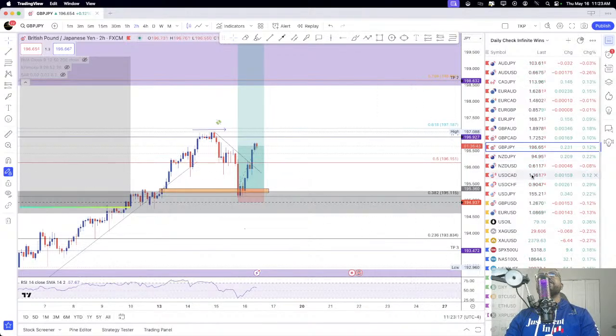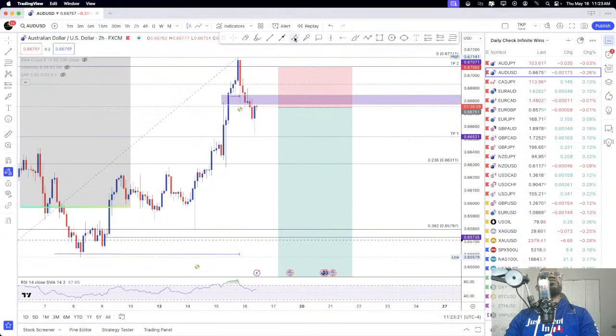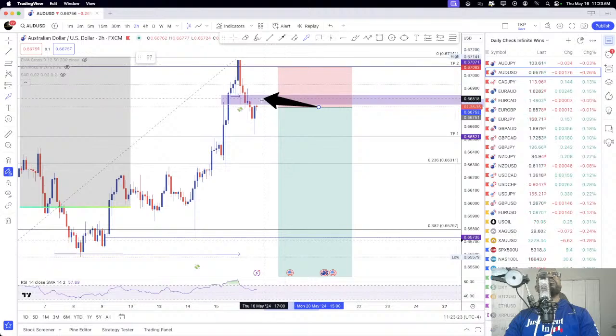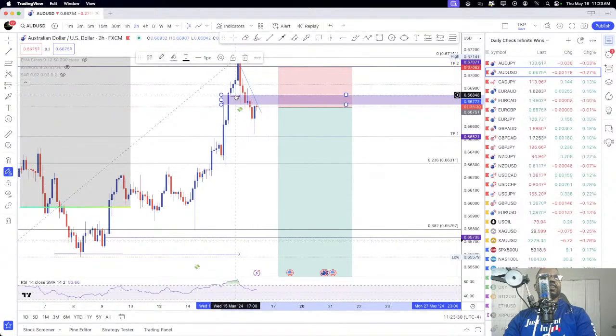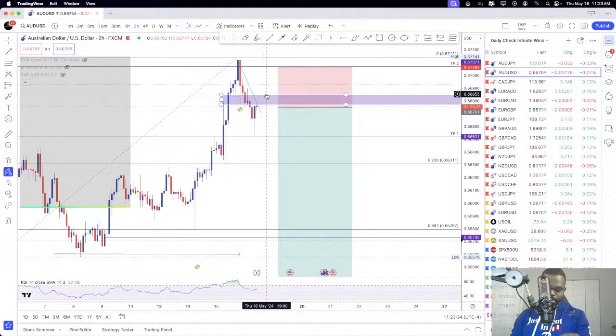Depending on if AUD USD continues to fall or breaks above this area right here, treating it like a bull flag, that'll determine if we get a lesson or if we get another win. But so far, nothing but big wins for the team. So, man, y'all hop in and get active. Big wins, big wins.